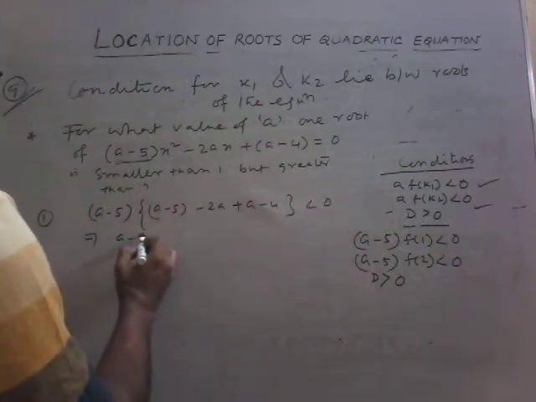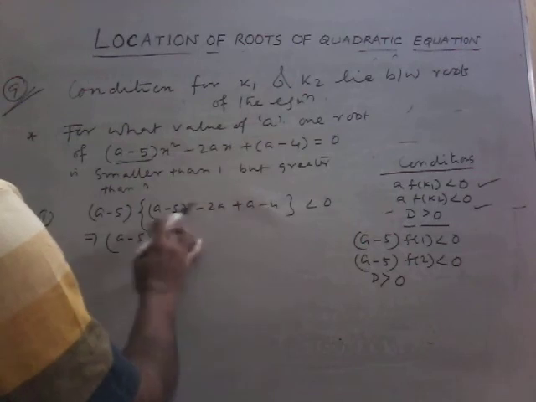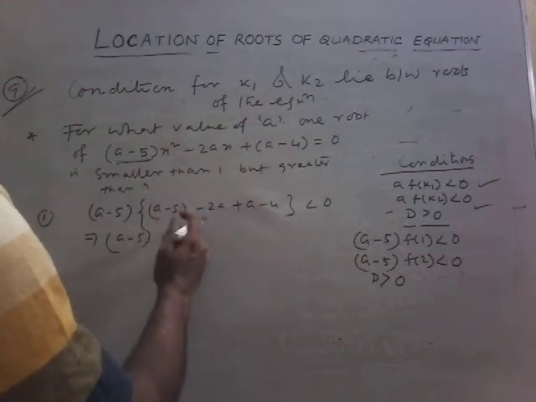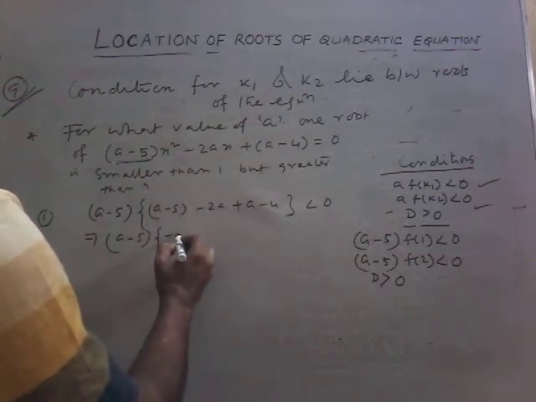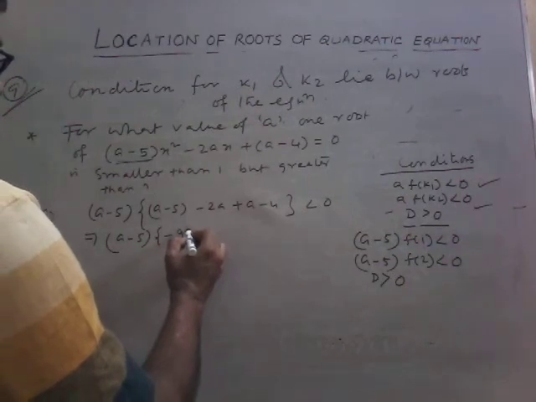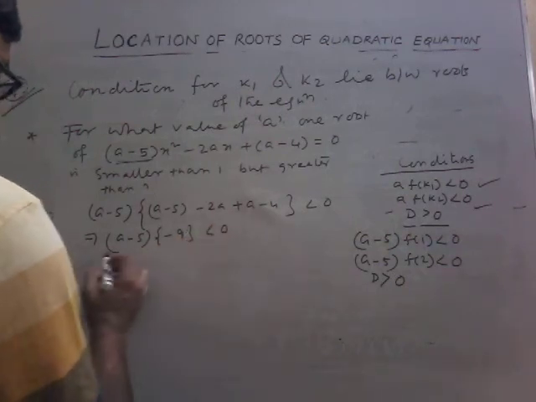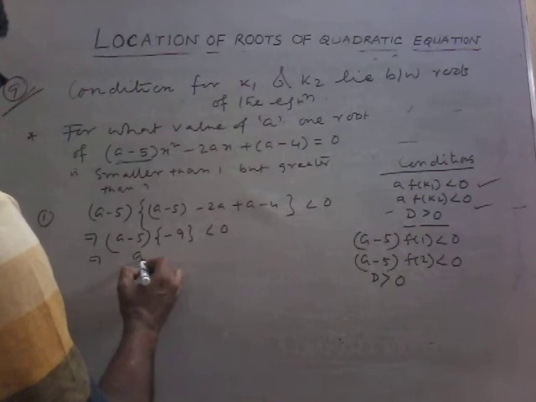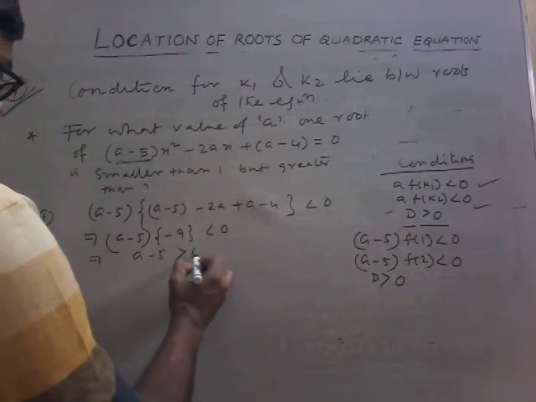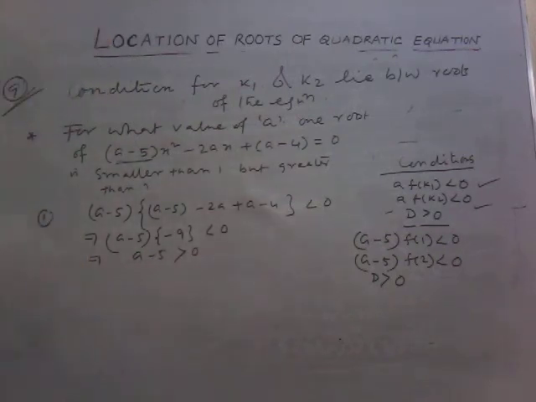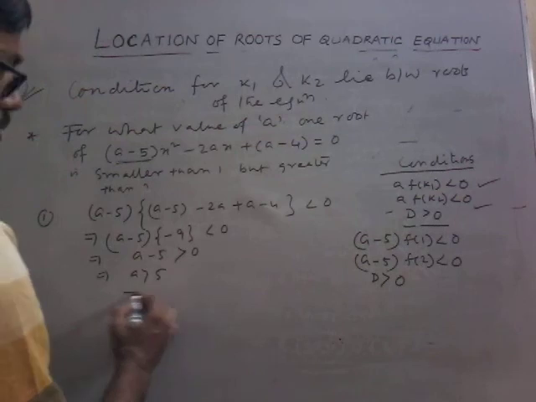So a minus 5, the 2a cancel, this is minus 9 less than 0. So a minus 5 greater than 0. Therefore, a greater than 5.